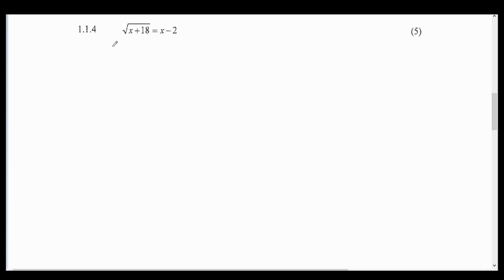When we square both sides, we are left with x plus 18 squared under the square root on one side, equals x minus 2 squared. The square root cancels with the square, so we're left with x plus 18 on this side. Nothing too complicated over here.